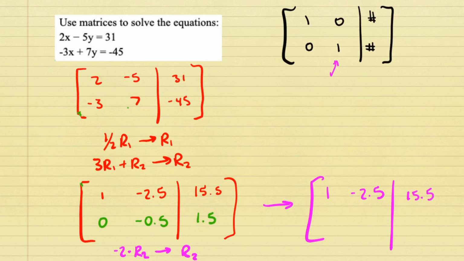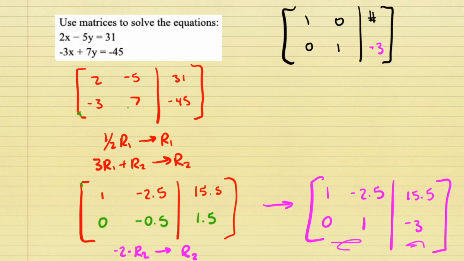Negative 2 times negative 0.5 ends up being a positive 1. And negative 2 times 1.5 is negative 3. So I can already answer the first step: what is the number over here? This ends up being negative 3. That's my y number, and I can see it down here.